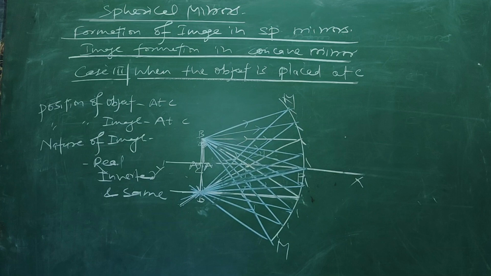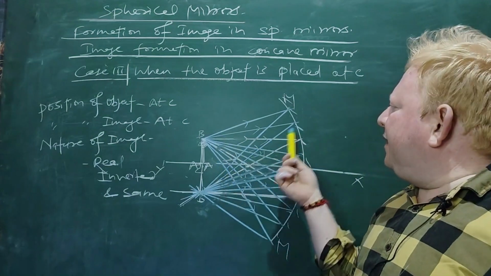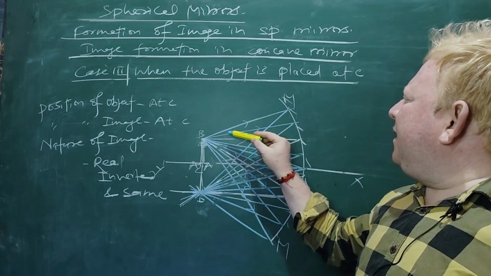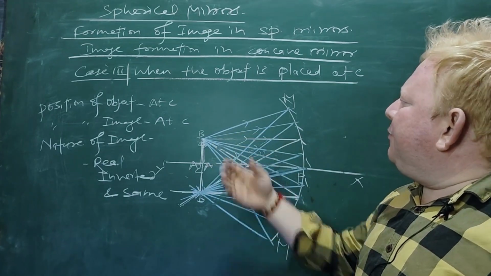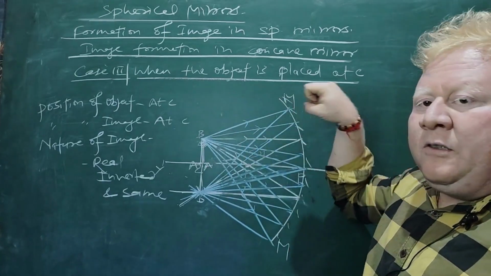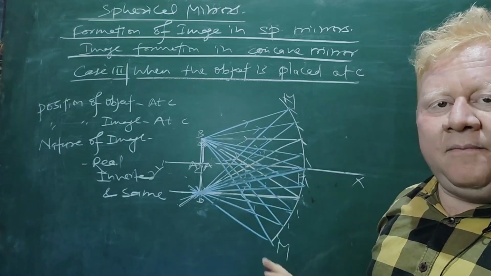So no matter how many light rays you are considering, all the light rays after reflection meet exactly here only. Suppose you consider billions of light rays coming from this point, all billions of light rays after reflection meet exactly here only.